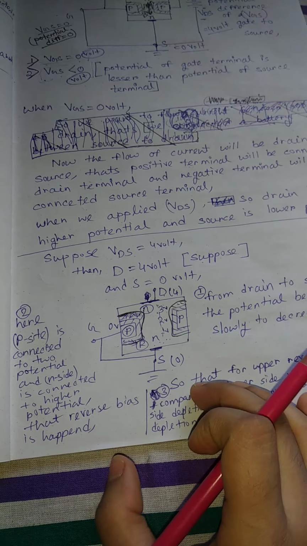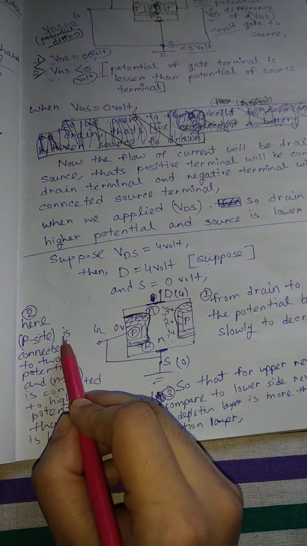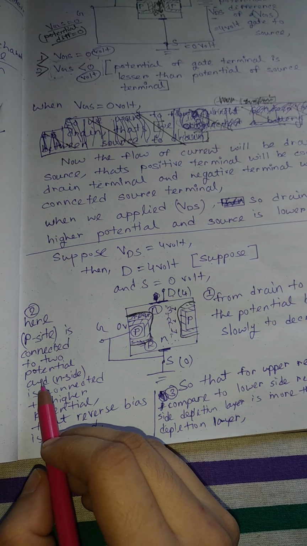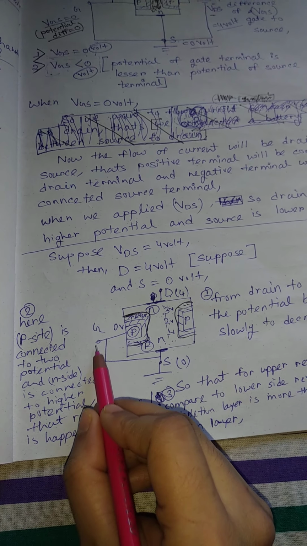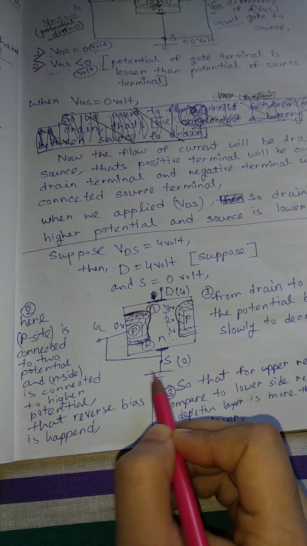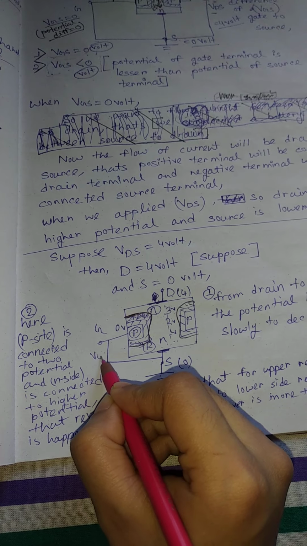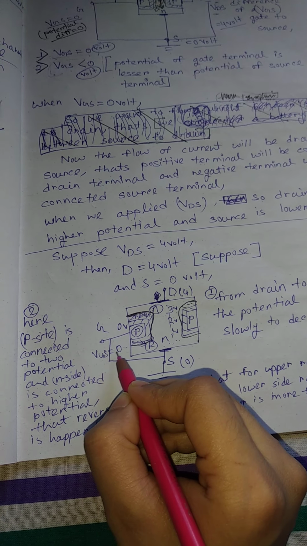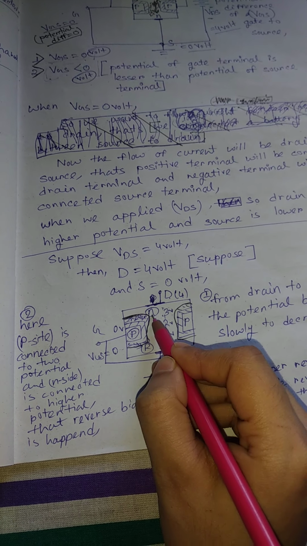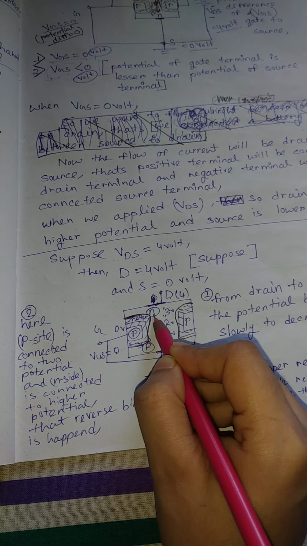Suppose the P side is connected to a potential. Here P is connected to the negative potential because this is grounded, this is 0, VGS equals 0. That means the P side is connected to the negative potential and the N side is connected to the positive potential.